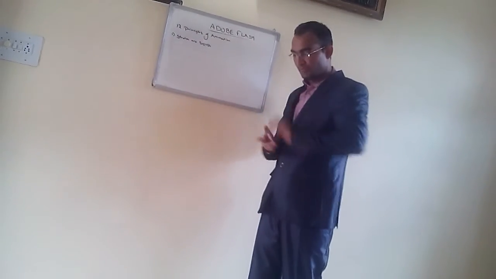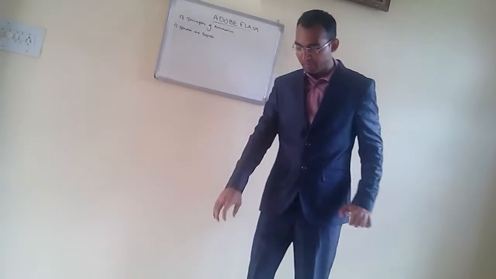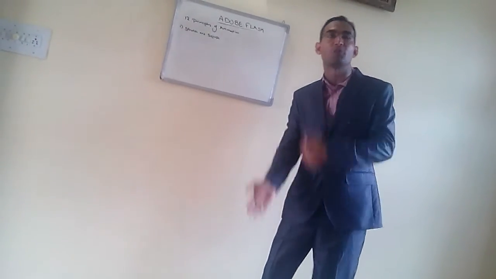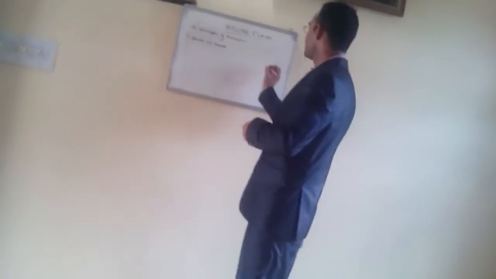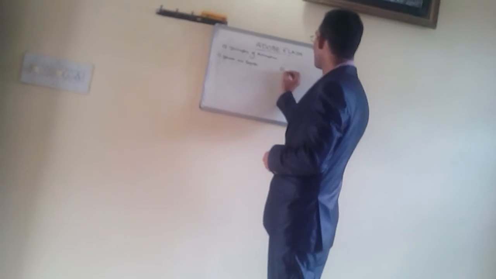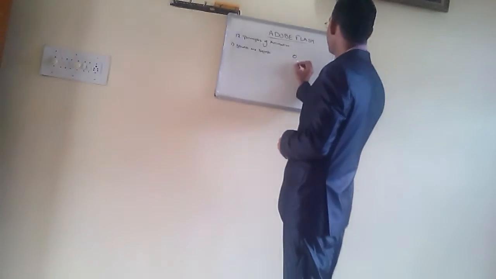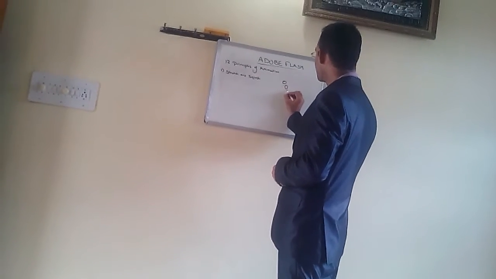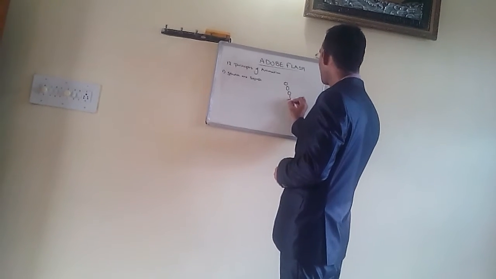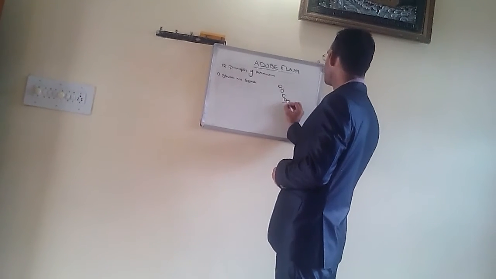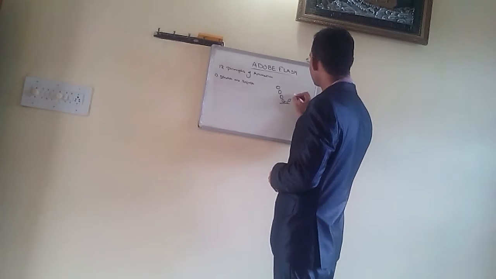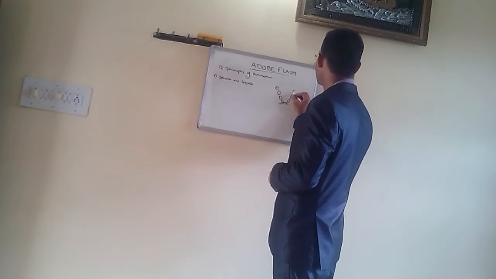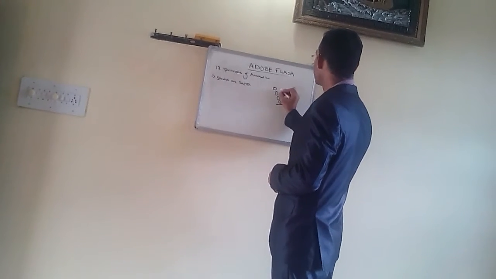It will come down, punch the ground, then again come up. See here, this is the ball, this is the ground. It will start getting stretched when it is going to reach the ground. At this point it will squash, and again it will start stretching, and slowly it will get its real form, that is this form.